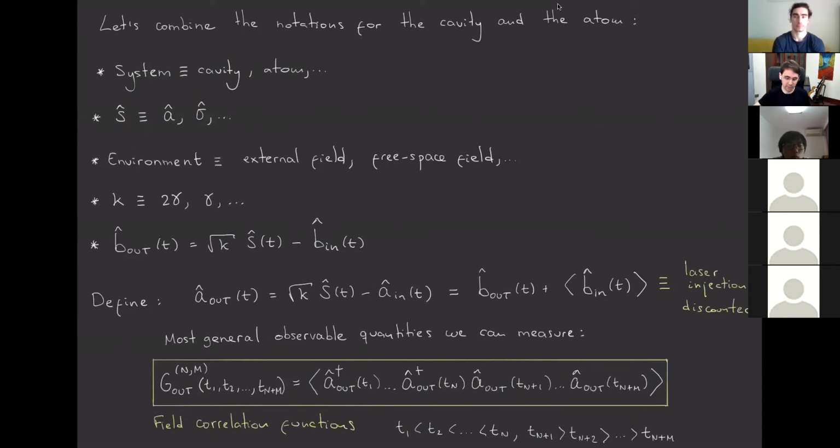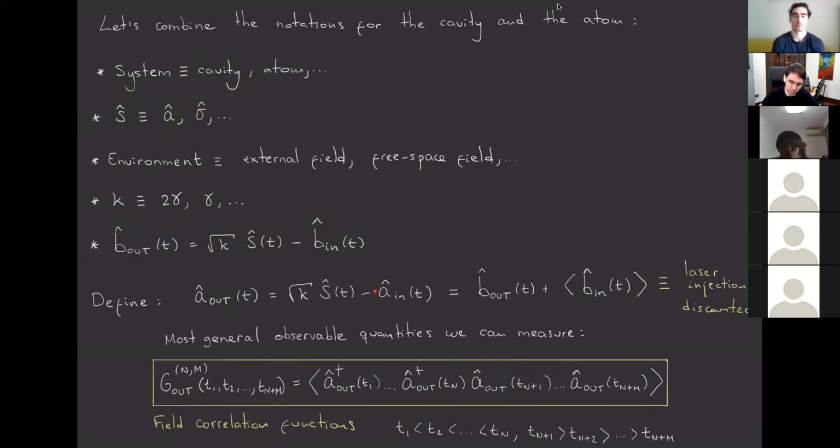Just the square root of kappa times the system operator minus the input. So that's the output. And then I told you that it's very convenient to work, instead of with the B output operator, which also includes the coherent part or the lasers that we are driving the system with in the input, with an A operator, an output operator in which we already discount the coherent part of the input, okay?